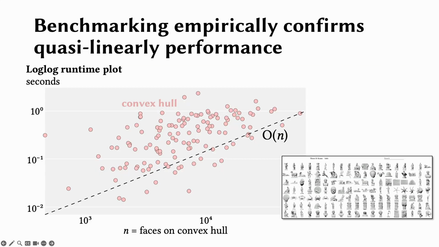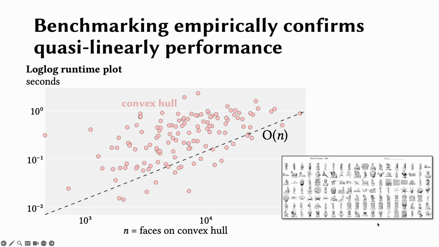So this is starting with what the pre-processing looks like. Running convex hull is already an n log n worst-case algorithm in 3D. This shows, for the number of faces in the output on the convex hull, how long it took to create that over this big data set.